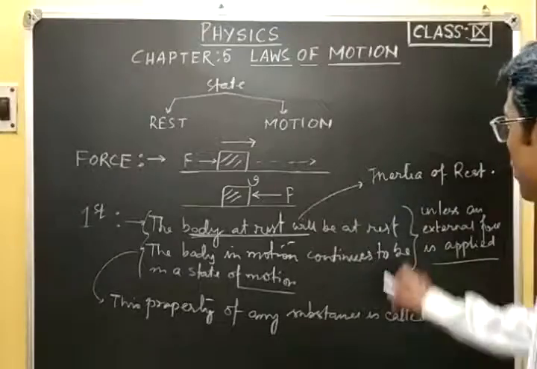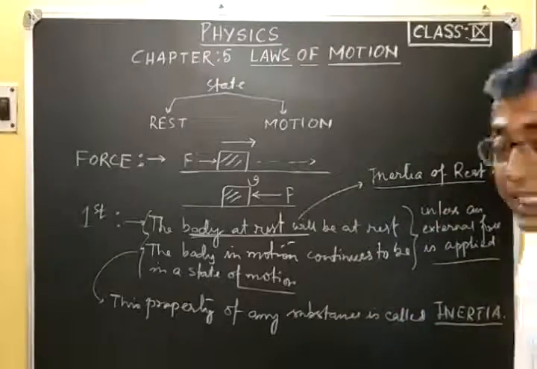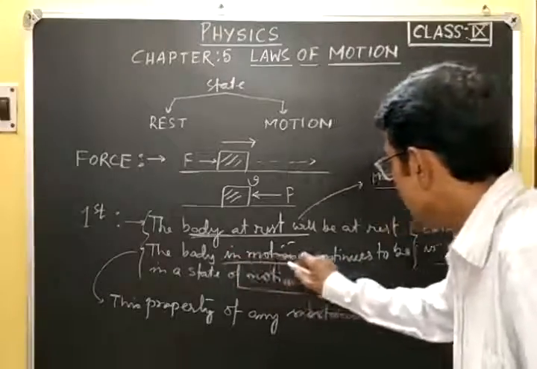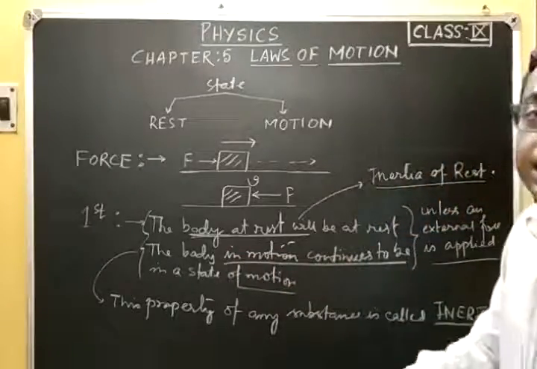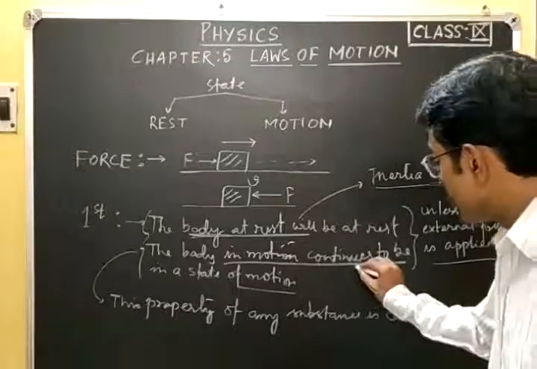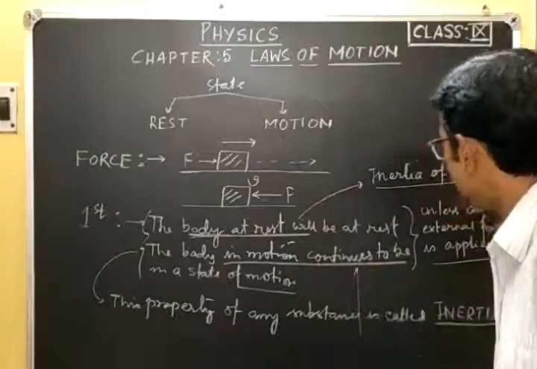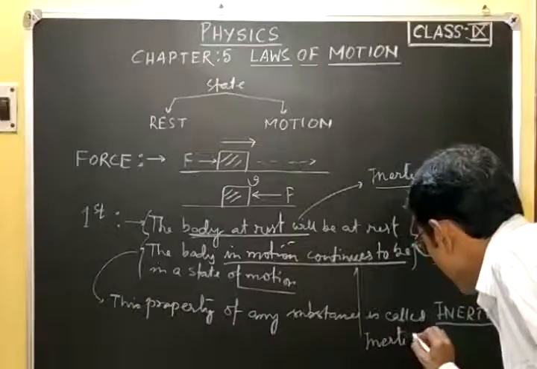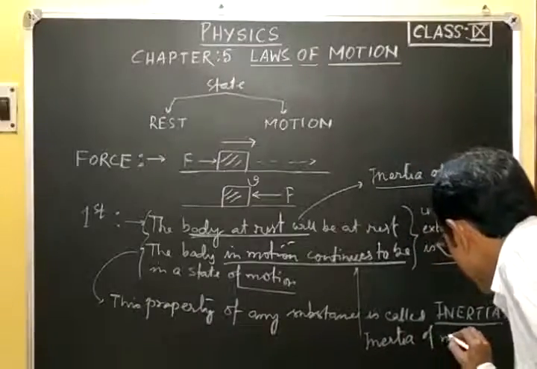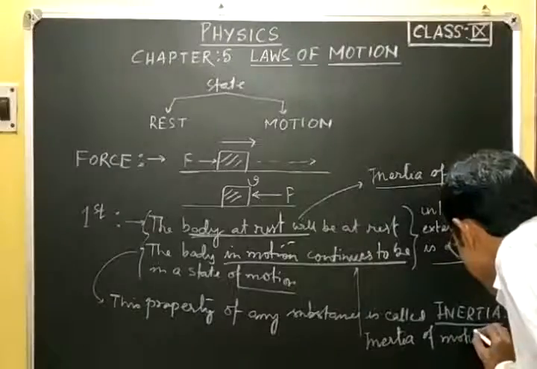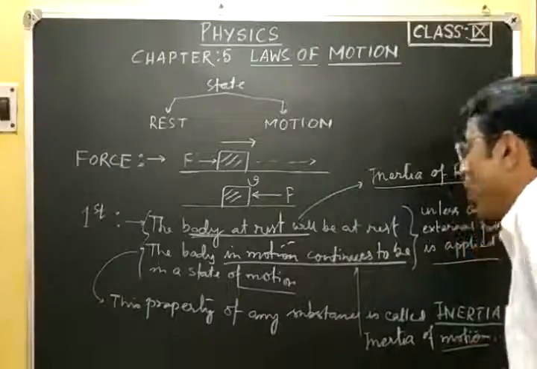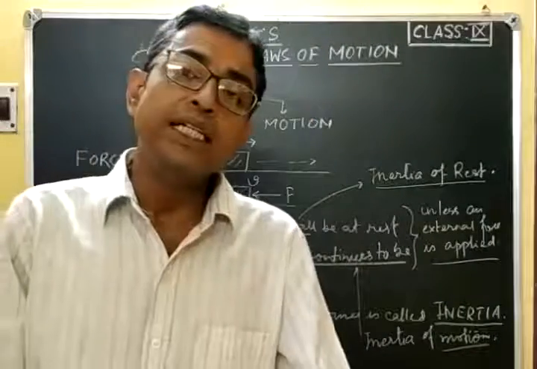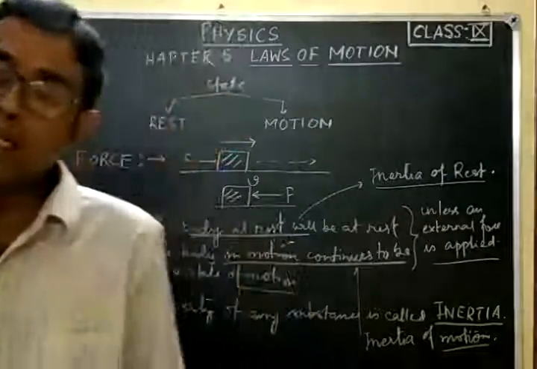Next, the body in motion continues to be in a state of motion. This property of the substance is called inertia of motion. Remember. So inertia is a property by which a body at rest tries to be in a condition of rest, and the body in motion tries to be in a state of motion.